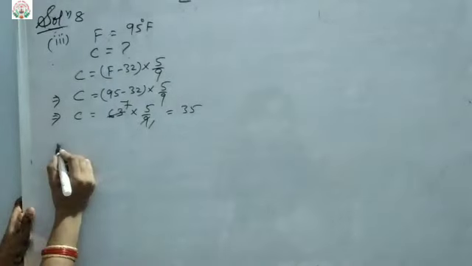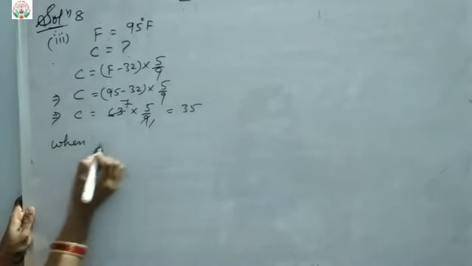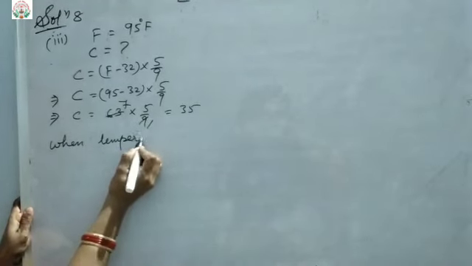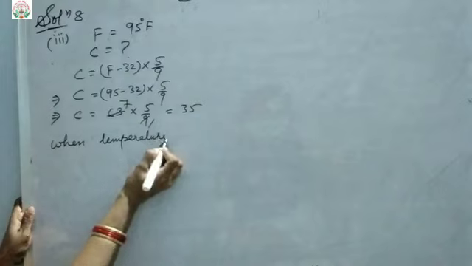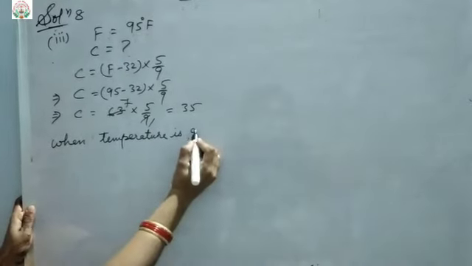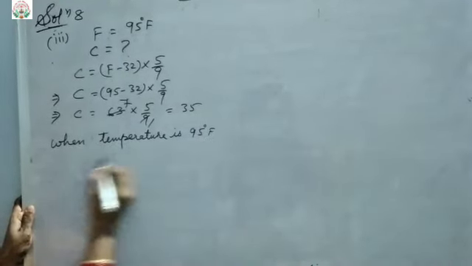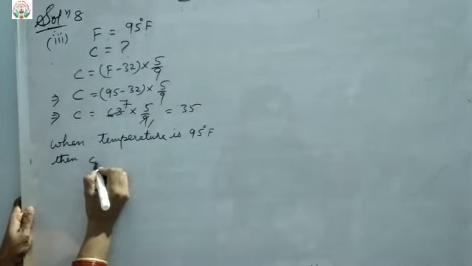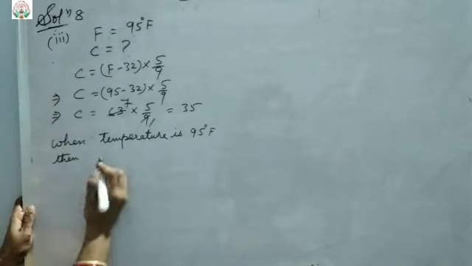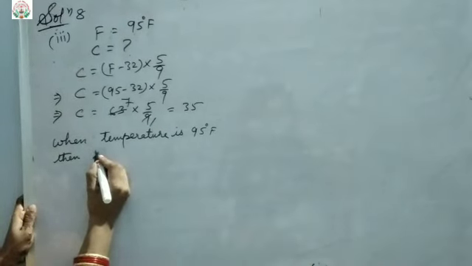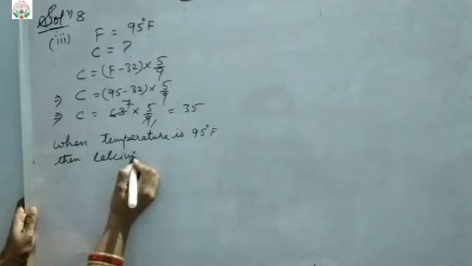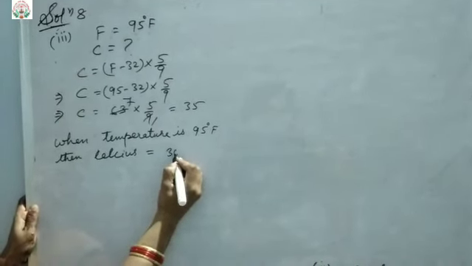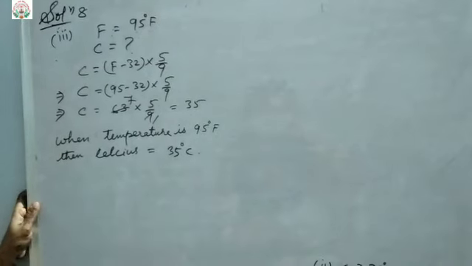That means you can write when temperature is 95 degree Fahrenheit, then temperature in Celsius equals to how much? 35 degree Celsius.